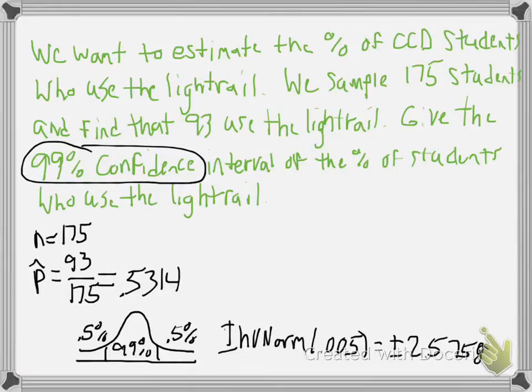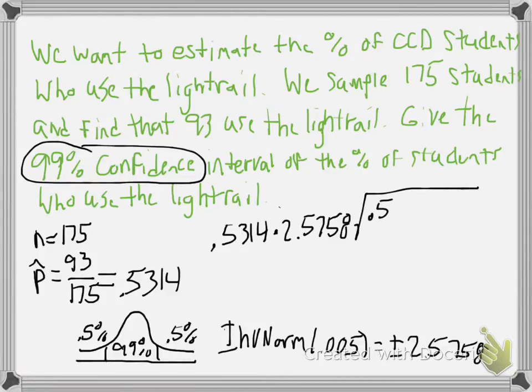So p hat is 0.5314 times the z, which is 2.5758, times the square root of p hat, which is 0.5314, times 1 minus 0.5314, over n, which is 175.